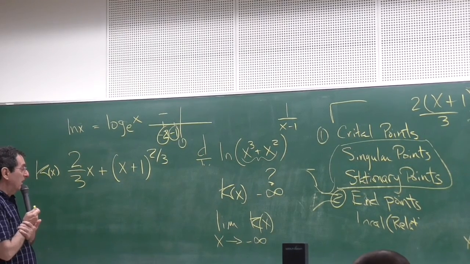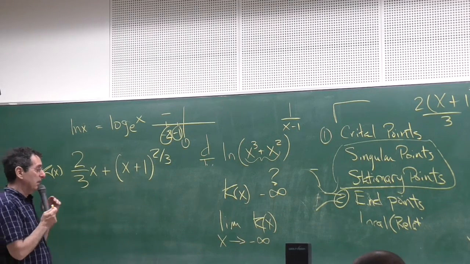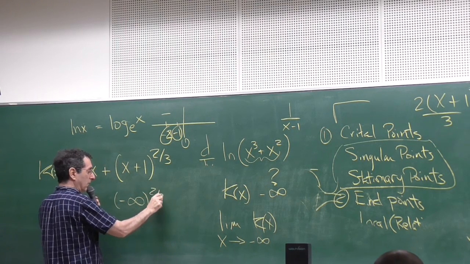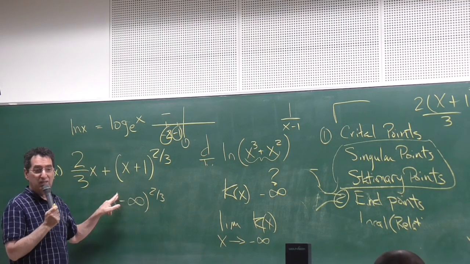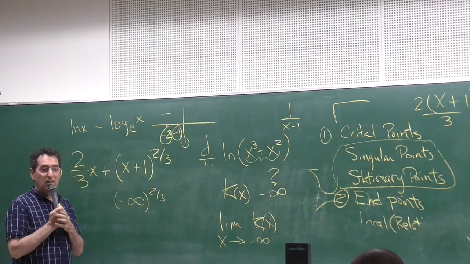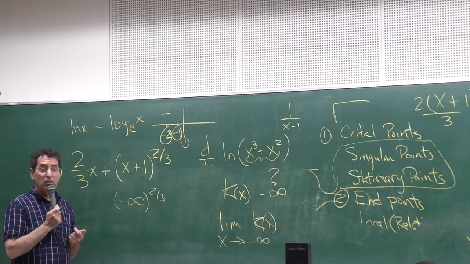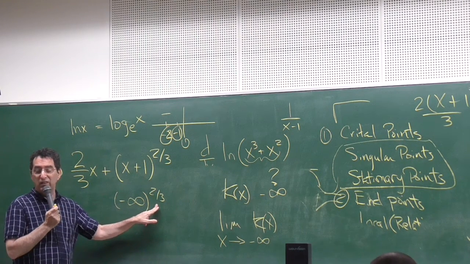When x gets very negative, the 1 doesn't affect anything, so basically it's just negative infinity, or something really big in the negative direction. And then we're squaring it and taking the cube root. So what does the cube root do?